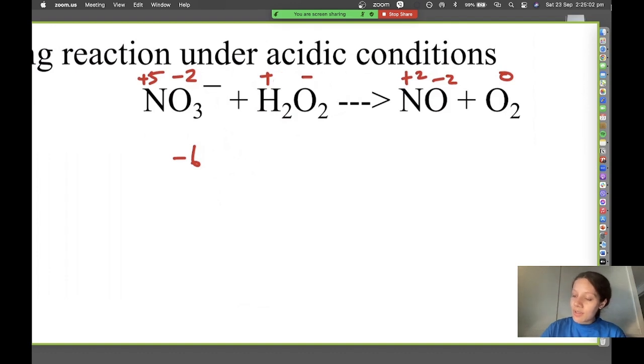So in our peroxide, hydrogen is usually +1, whereas in a peroxide oxygen becomes -1 instead.